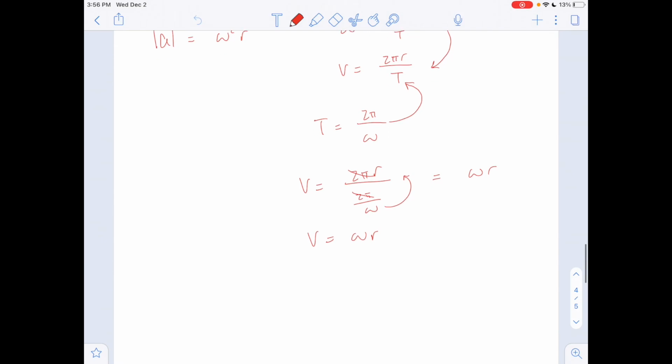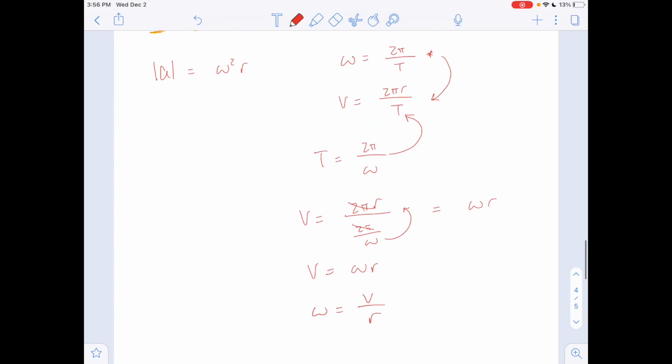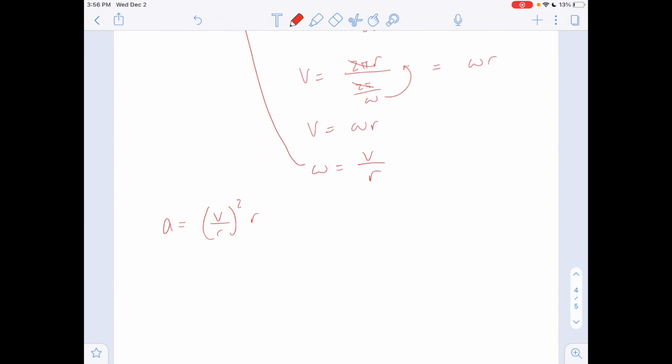Now I'm going to solve for omega. So omega is equal to v over r. And let's replace omega in our acceleration equation with v over r. If we do that, we get v over r squared times r, and that gives us v squared over r squared times r, which leaves us with v squared over r.